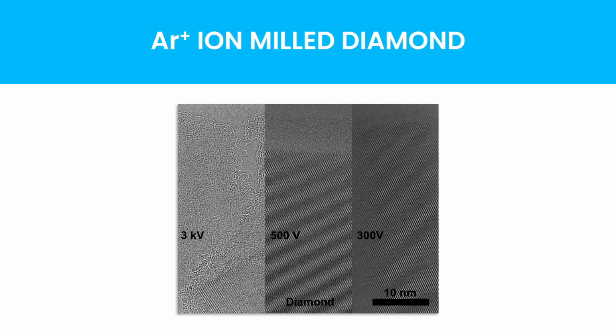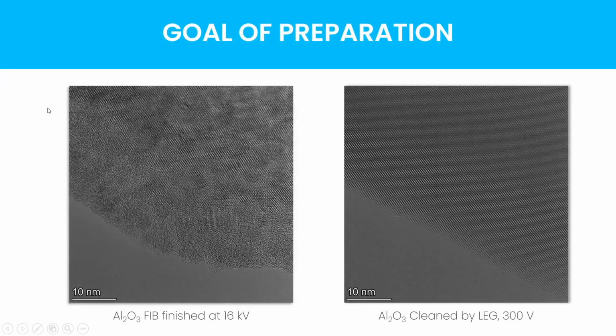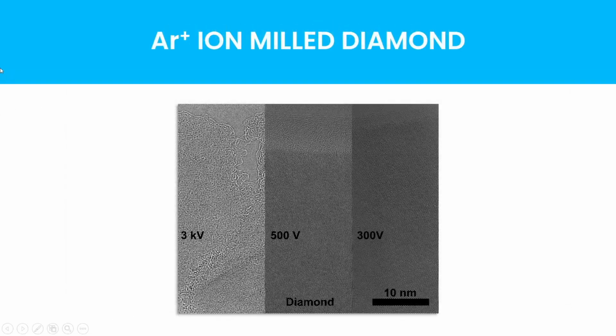Now if you clean this sample with 500 volt argon ions, you will notice that the lattice image looks much better. But let me show you. Oops, I need to go back one. Thanks. Where is my mouse? Yeah, there it is. So you see that there is still an amorphous band at the edge of the sample.